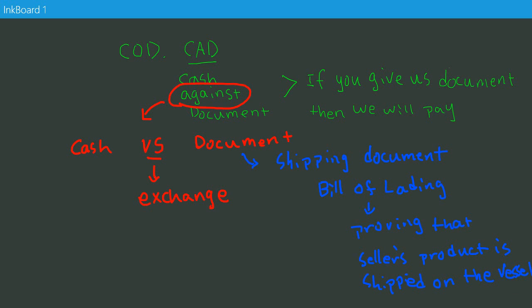The meaning of the bill of lading is to prove that the seller's product is shipped on the vessel. So this document is issued by the shipping company.